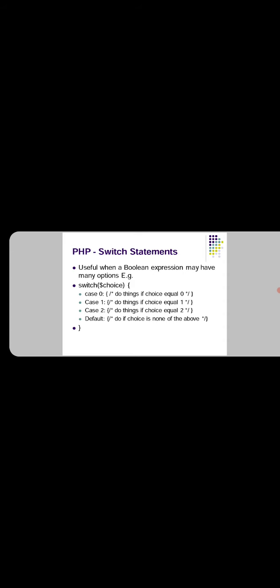The syntax of PHP programming is almost the same, and the usage of statements is also the same as in C language, but the variables and some concepts are different. Next, in the next session we will continue with the rest.